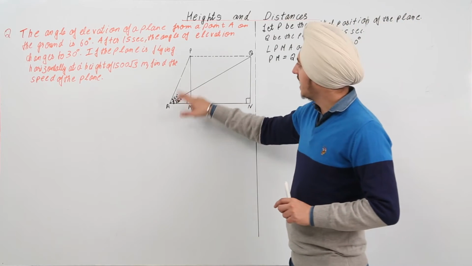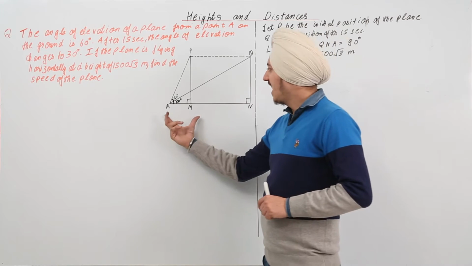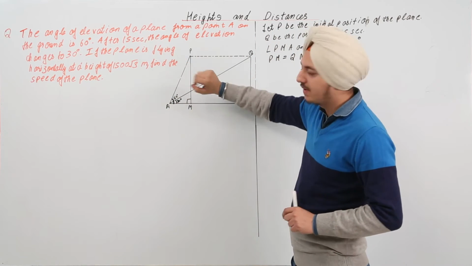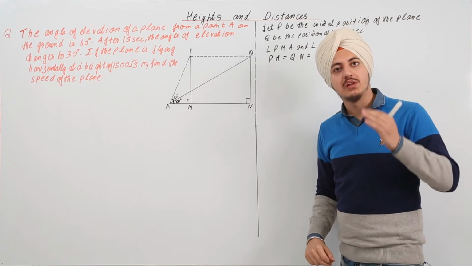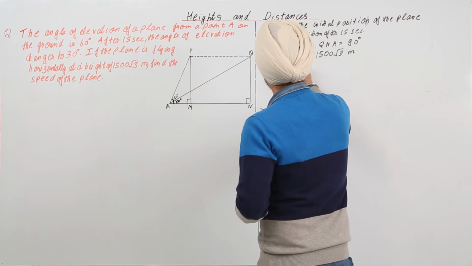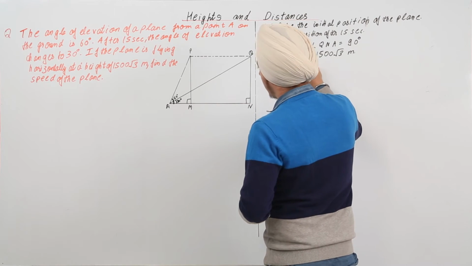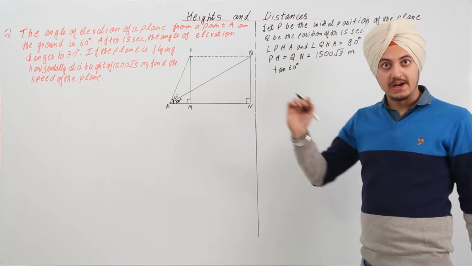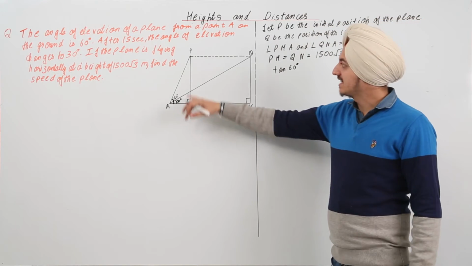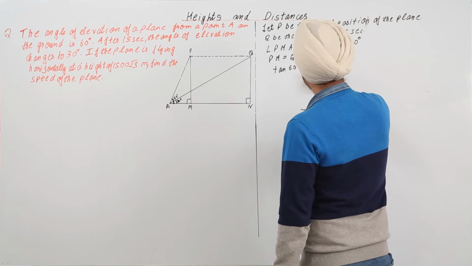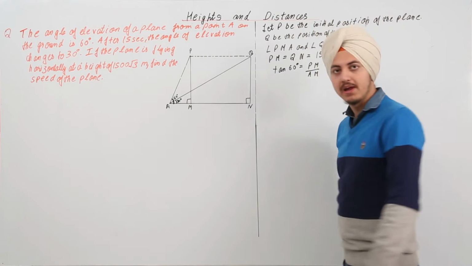Now in triangle APM, we have to find out AM and we know PM. So what is the relation between the perpendicular and the base? That is tan theta. Over here, theta is equal to 60 degrees. So tan theta is equal to perpendicular upon base. Tan 60 degrees is equal to PM upon AM. Am I right?